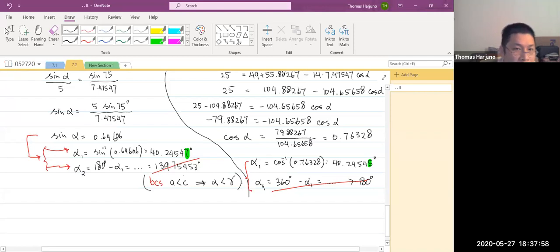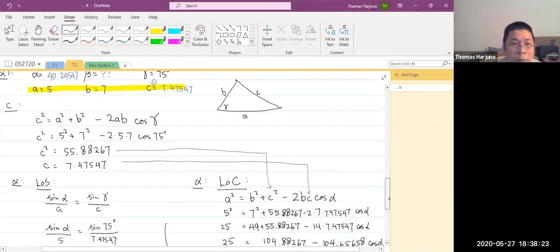I have seen a case in the past where I cancel alpha 1. So please be careful with which one you cancel. In the examples I gave you here, apparently I always cancel alpha 2, the one in the second quadrant, right? But that's not always the truth, okay? You need to observe what we have up here.